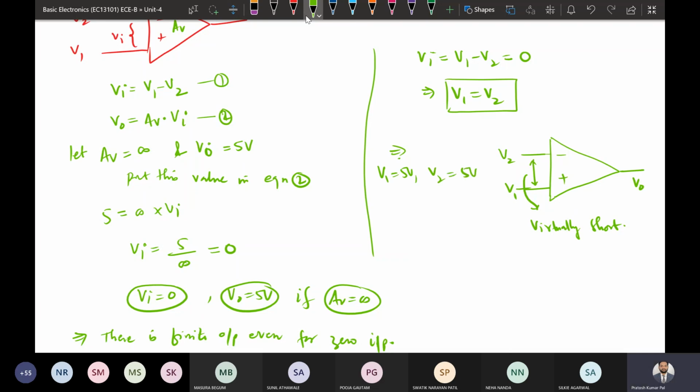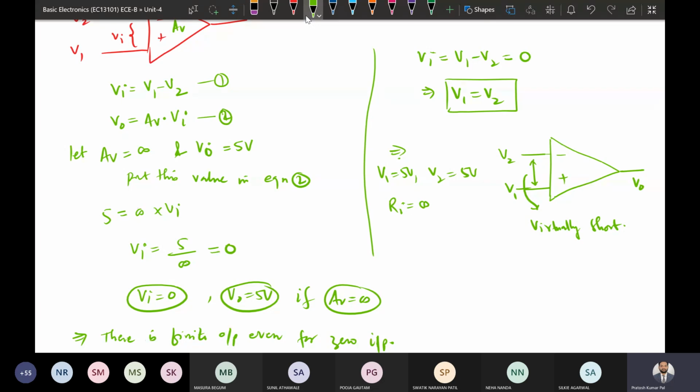If this is the case, both inputs are equal. That means the internal resistance connected here in the operational amplifier, R input, will be equal to infinity, because in the ideal case input resistance is infinity.